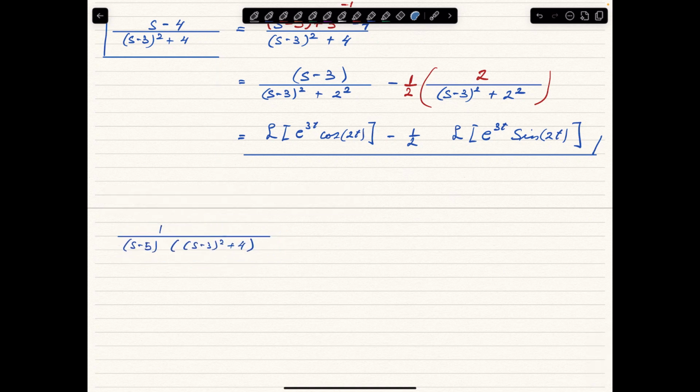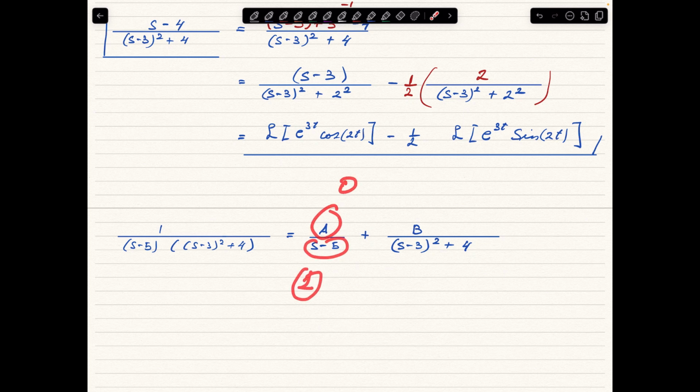Well, here we need to do partial fractions again, because there's no other way. So this is going to be some number over s minus 5, and here is not going to be just a number over s minus 3 squared plus 4, because the rule for partial fractions is if you have here a polynomial degree 1, then here is a polynomial degree 0.